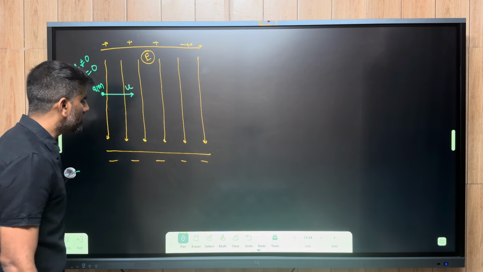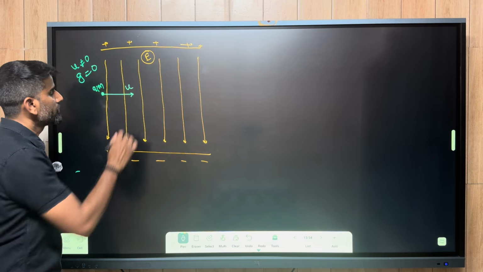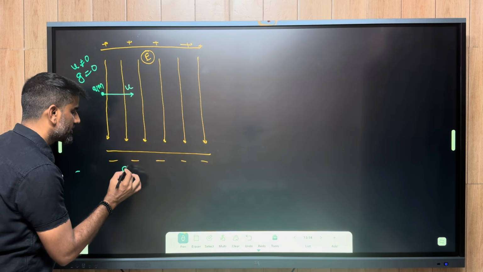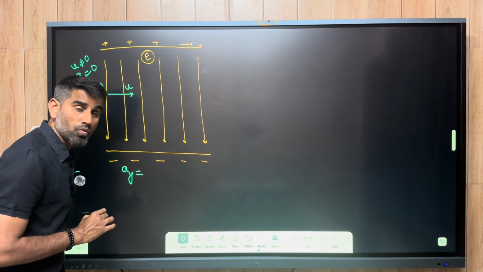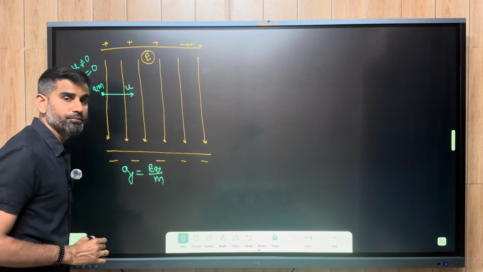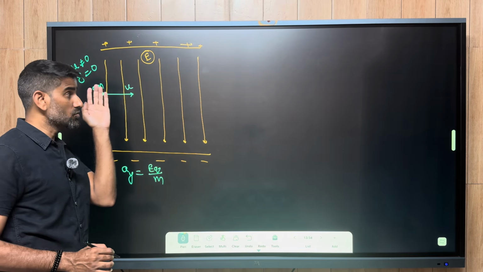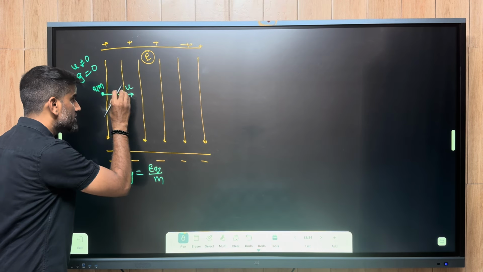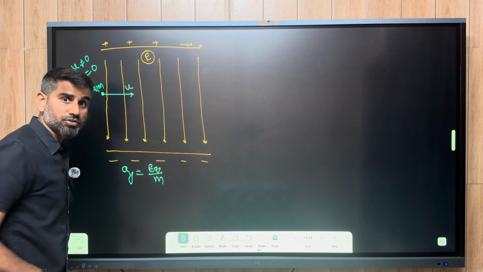Now when you look at the diagram, the field is in the downward direction. That means the acceleration of the charged particle along the y-axis is eq by m. I have used the positive charge, so it is always attracted by the negative charge.